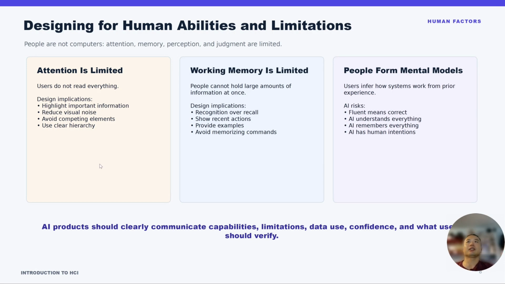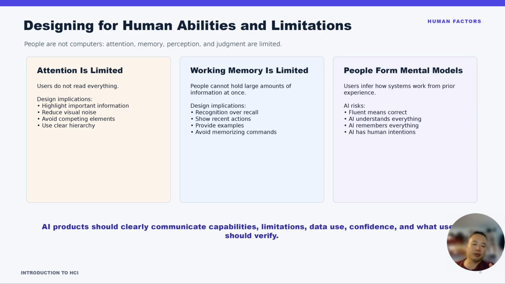Working memory is limited. People cannot hold a large amount of information at once. People forget things. The system has to help people recognize new information rather than recall memories. The first design implication is to help people recognize the information you want to provide over recalling memory from the user's head. Because when you're recalling, users don't really want to do that.